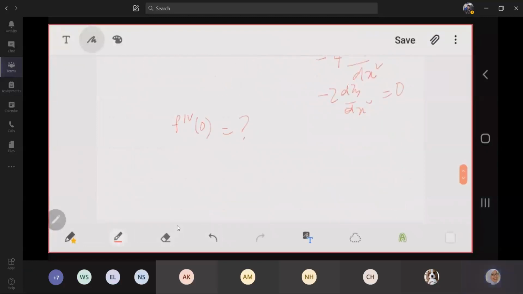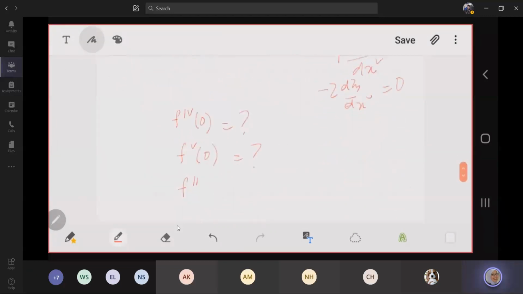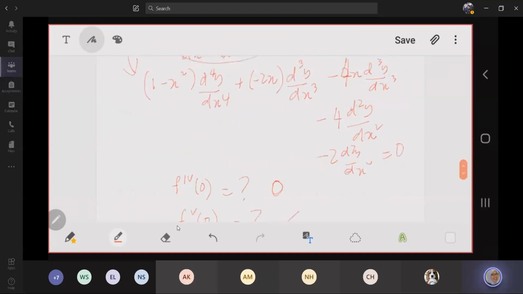And then differentiate another time, you get to the power of 5. What is this thing? So you put in this. I think this one is going to be 0. Okay? So basically, this is something that you might be asked.